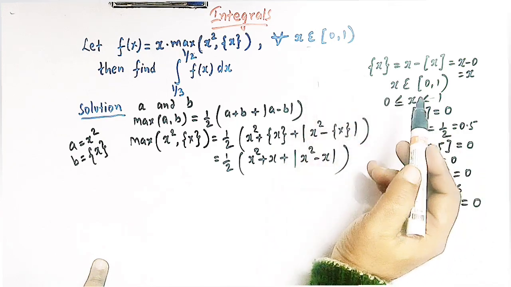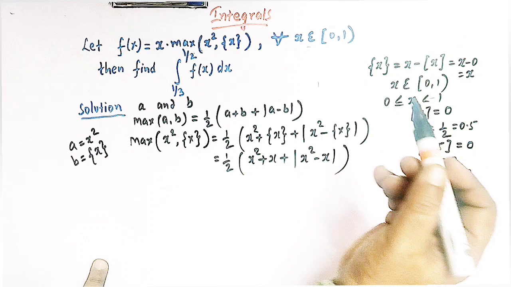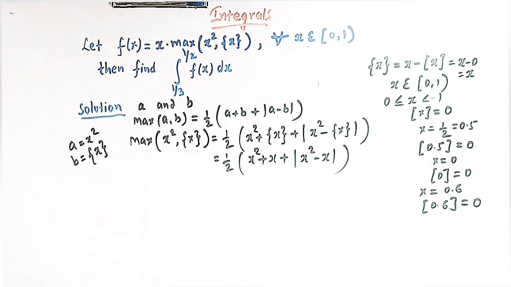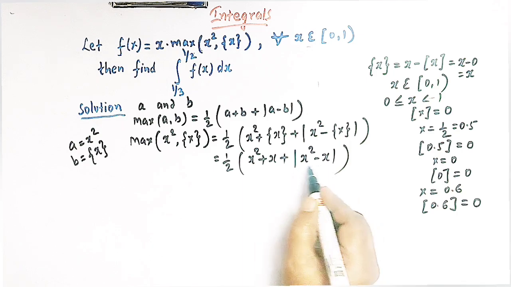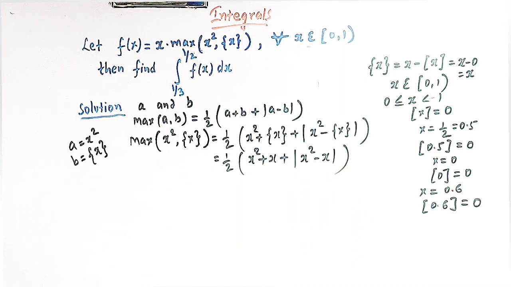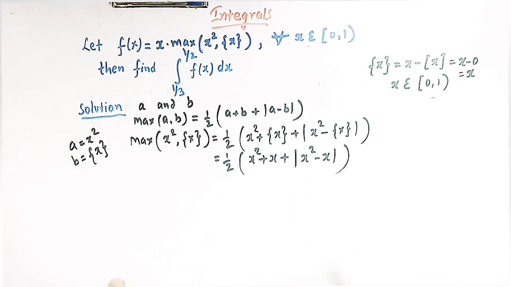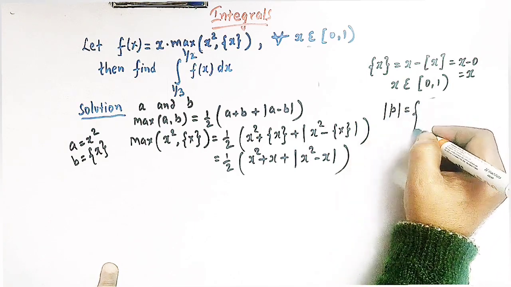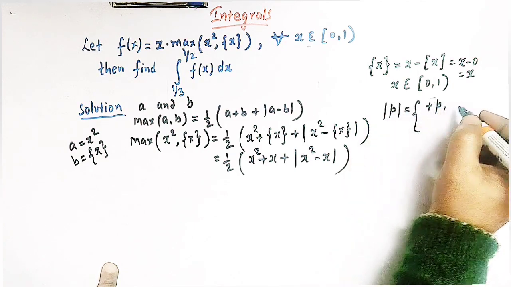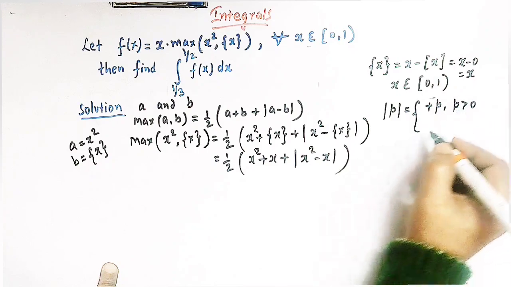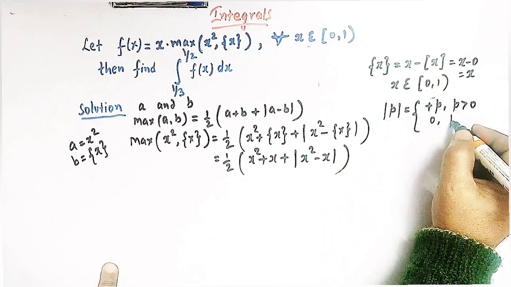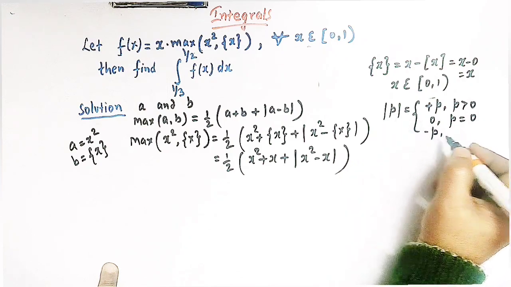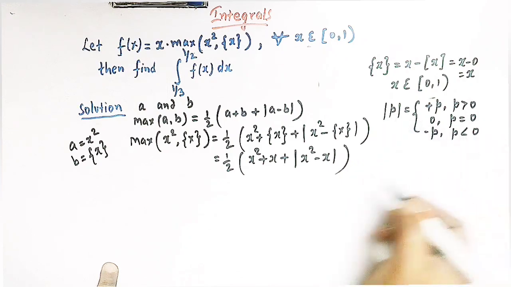And it is given that x belongs to this interval, so let us make use of the definition of mod function to simplify this expression. Now the mod function is defined as mod of p is positive p whenever p is greater than 0, and mod of p is 0 when p is equal to 0, and mod of p is equal to negative p when p is less than 0.